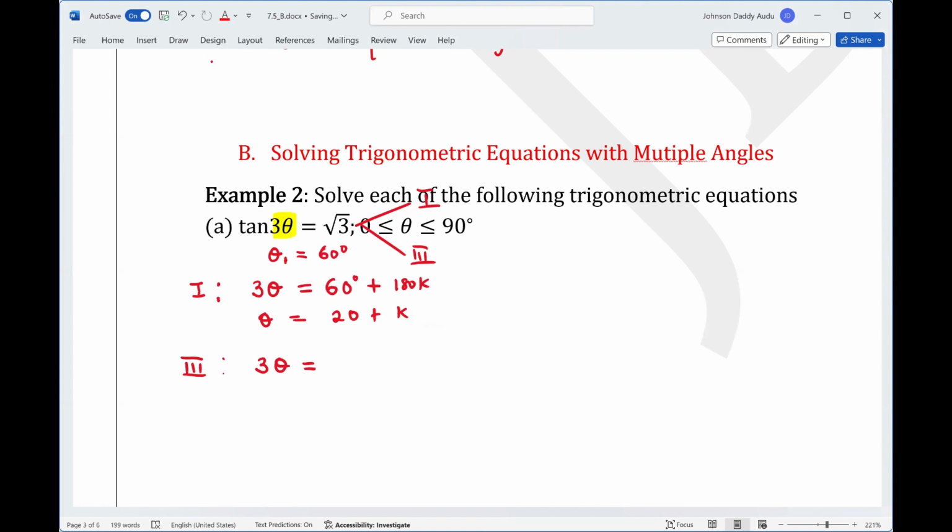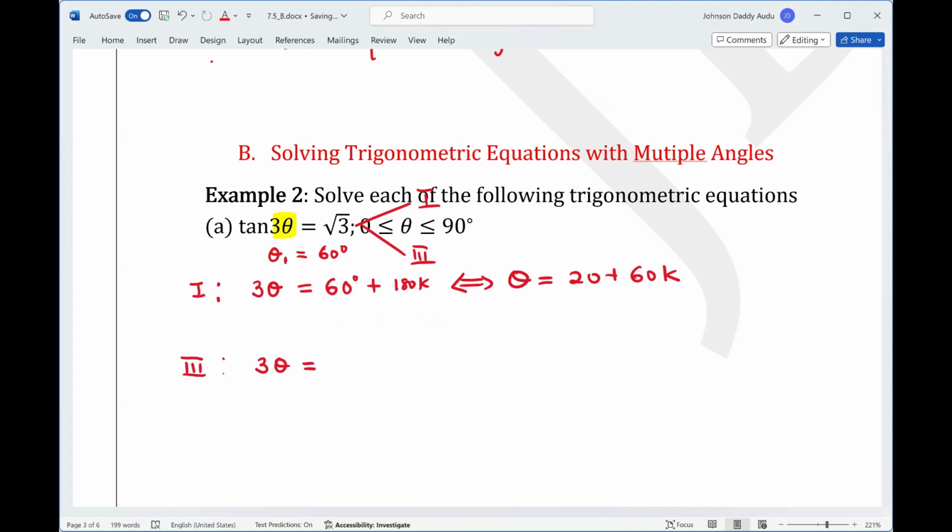That's going to be 60K. This means your theta is just 20 plus 60K. So in the third quadrant, this will be theta.